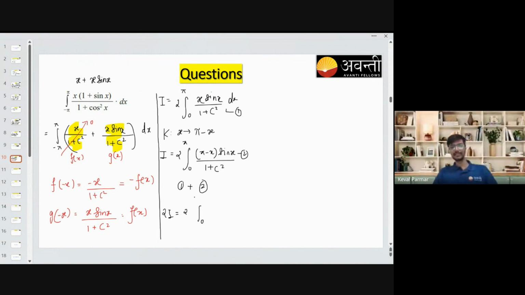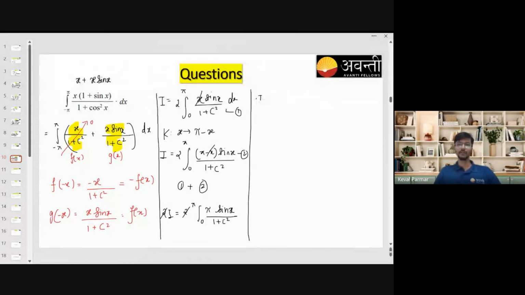After adding, you can clearly see that the x and minus x will get cancelled. We'll be left with pi sin x upon. Cancel out this 2.